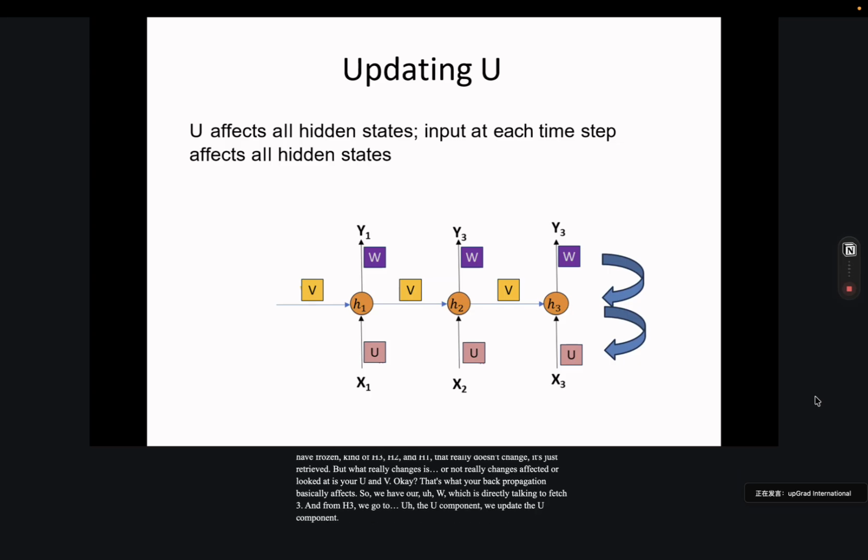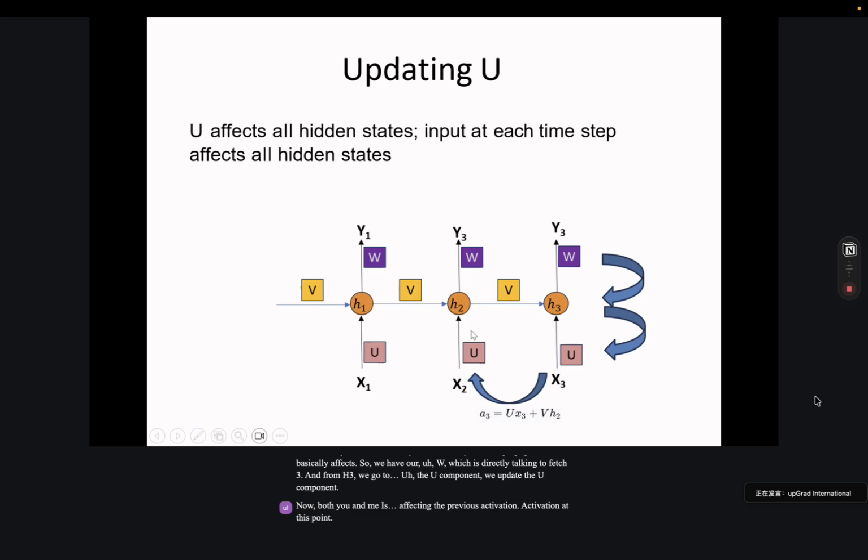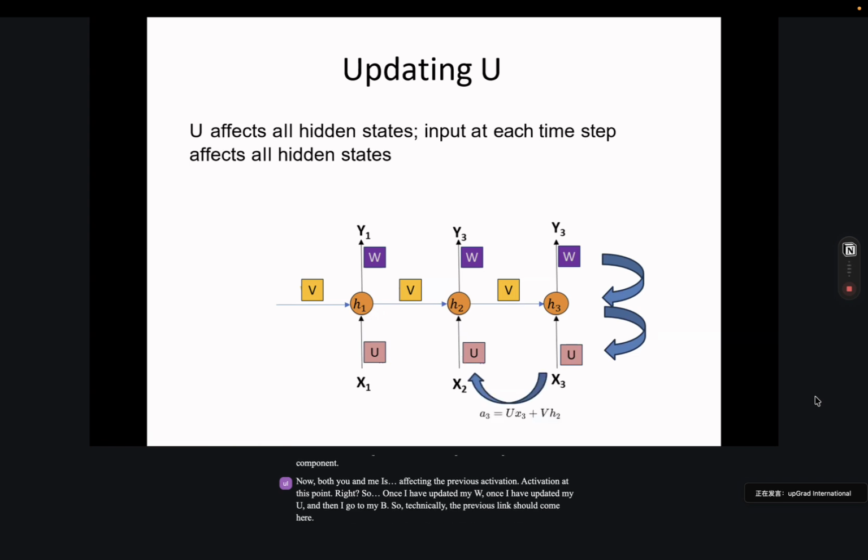Now both U and V are affecting the previous activation at this point. So once I have updated my W and my U, I go to my V. Technically the previous lane should come here, but that's back propagation through time.